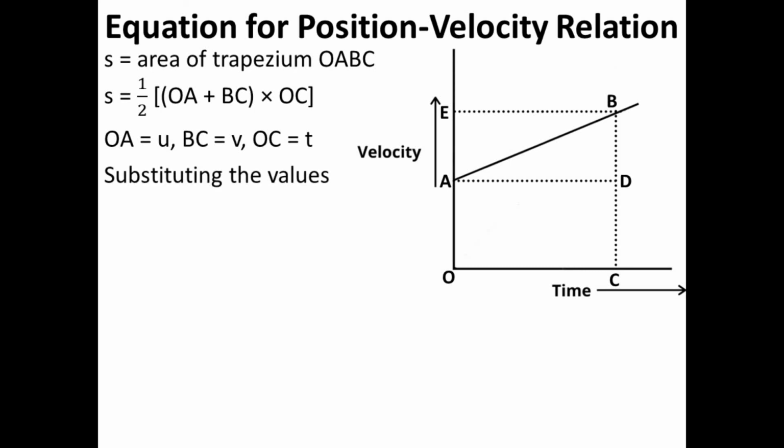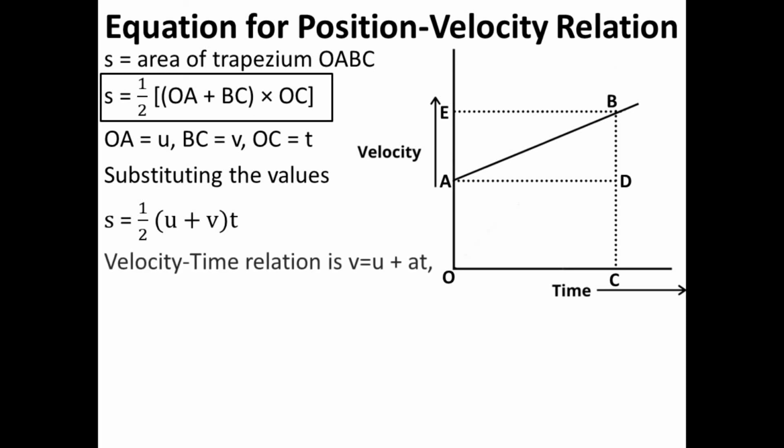Now, substituting the values of OA, BC and OC in above equation, we will get S equals to 1 by 2 into U plus V into T. Now, the velocity time relation is V equals to U plus AT.